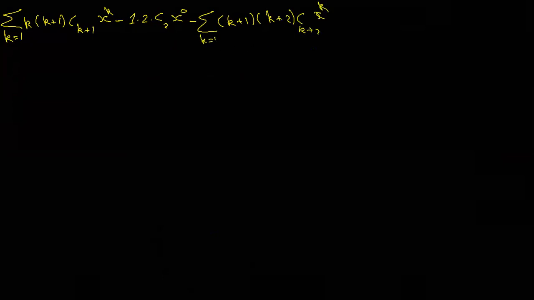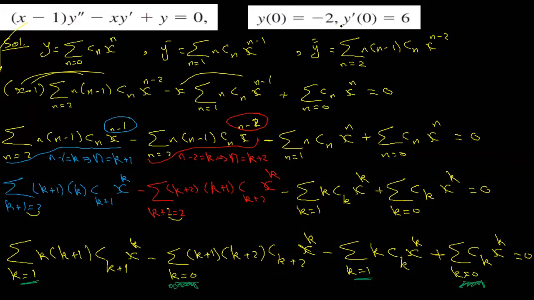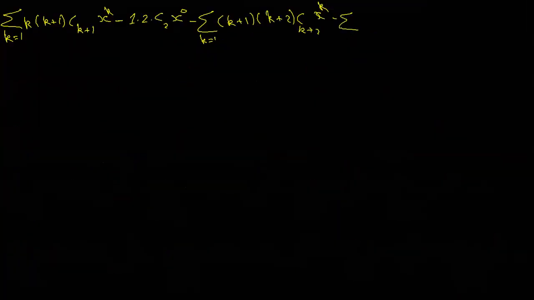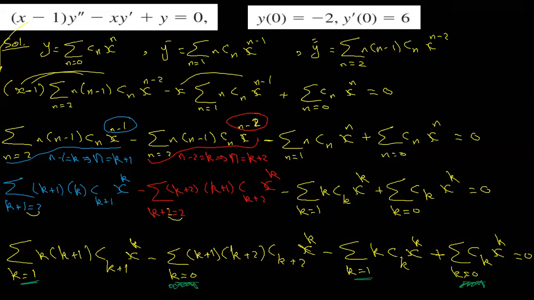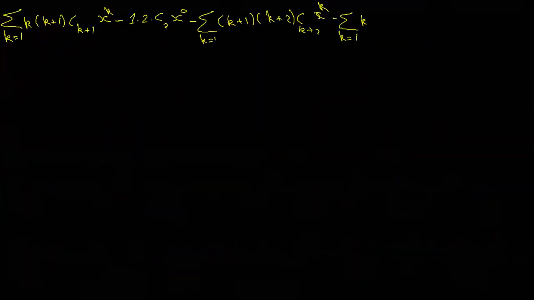Let me go to the second one. Nothing to do for the third summation. So summation starting from 1 of k ck x to the k.